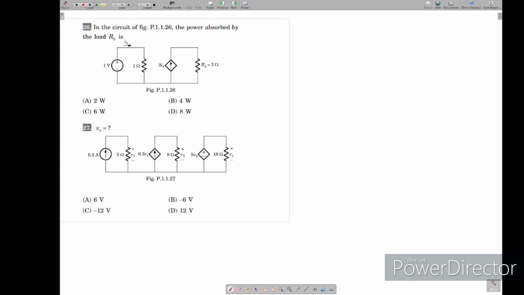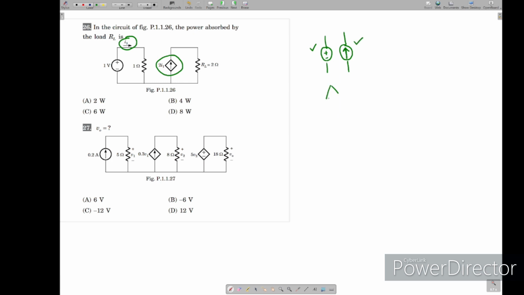So now we are going to the other type of questions, where they will give a dependent variable. This is a dependent source. We should know the difference between dependent and independent sources. If it is given like this or like this, these two are independent voltage source and independent current source.